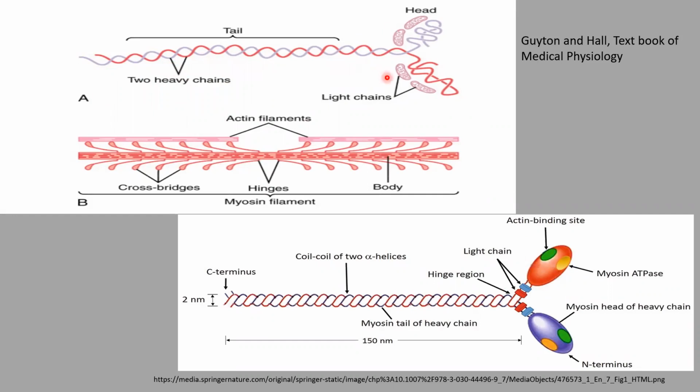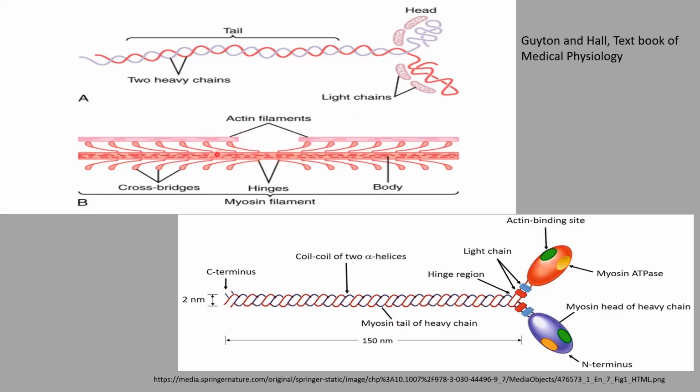At the end of each heavy chain, the chain is folded bilaterally into a globular polypeptide structure called the myosin head, with 2 light chains on each head. The myosin head drags the actin filament to the middle of the sarcomere, the M line, and that dragging is called contraction.